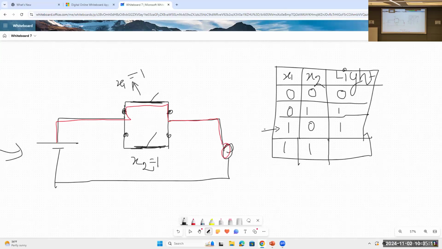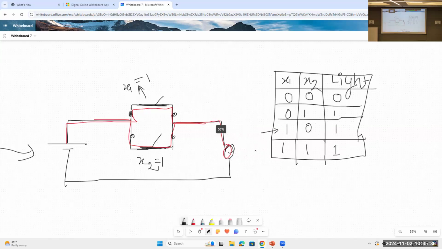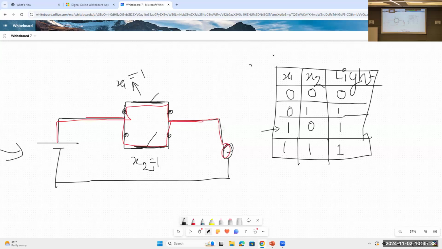Yes, obviously, because now there are two paths to be connected to the voltage source. So the bulb will get voltage from the power supply via these two paths. So in this case as well, the light will glow. This is the final truth table.